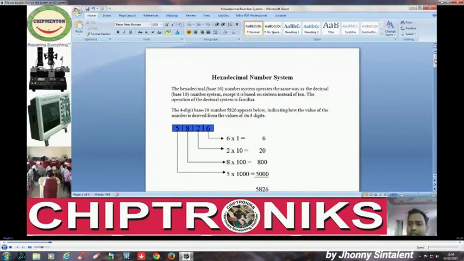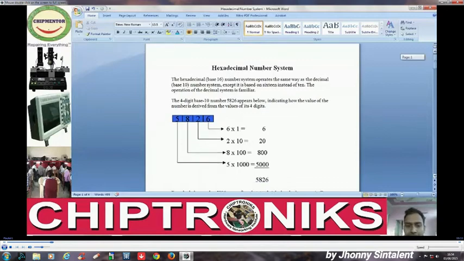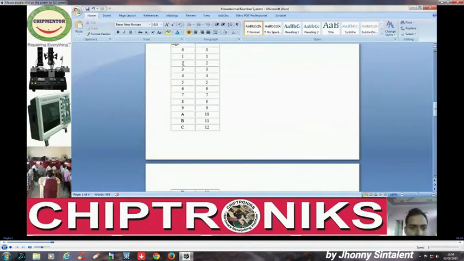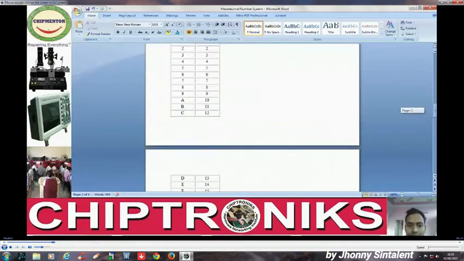The hexadecimal number system is similar to the decimal number system. The decimal number system is 0 to 9, 10 digits. In hexadecimal it is the same, 0, 1, 2, 3, 4, 5, 6, 7, 8, 9, and after 9 we count 10, 11, 12, 13, 14, 15.